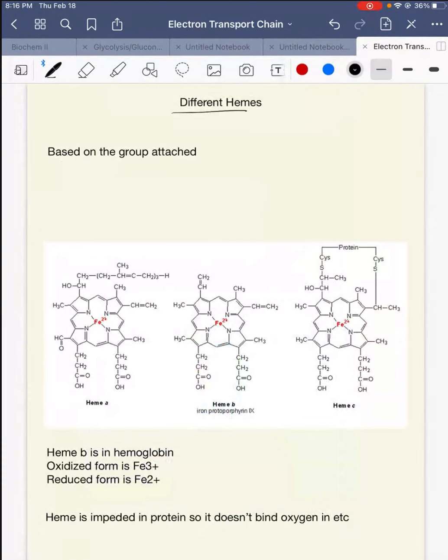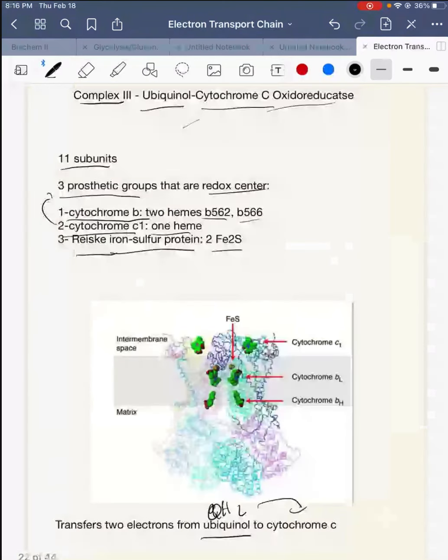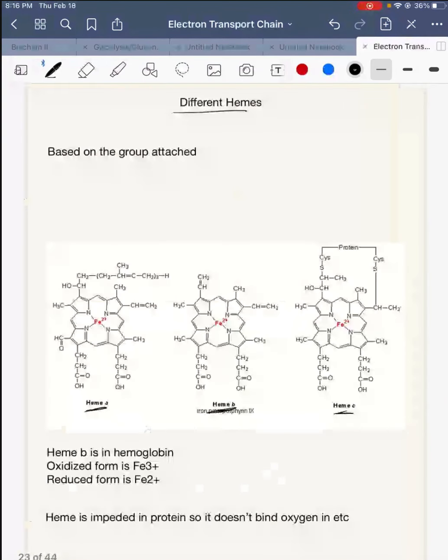Okay, so let's talk about the different hemes. If you took Biochem 1, you'll go over hemoglobin. This is the one used in hemoglobin. There are different types of hemes: heme A, heme B, and heme C. There are a couple of heme Bs here. There might be a couple of heme A's and heme C's somewhere.